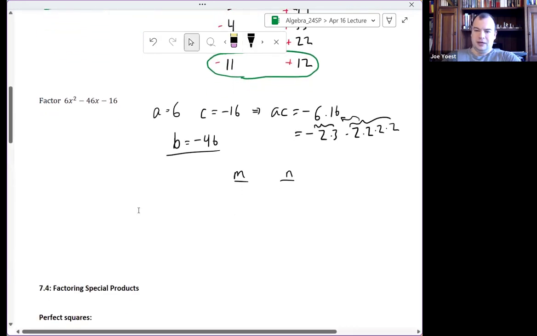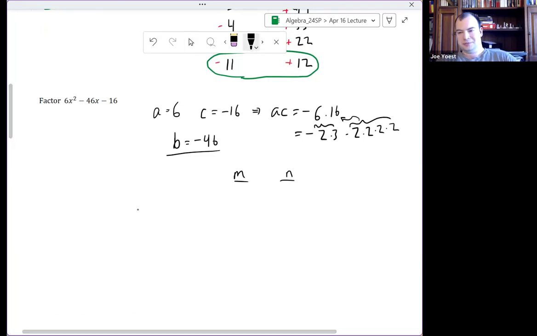So I'll start listing out my m and n that multiply to 6 times 16. So this gives me 1 times, well, what's 6 times 16? I think that is 96. I can think of it as 6 times 10 plus 6 times 6, so that's 60 plus 36, 96. 2 is definitely a factor.